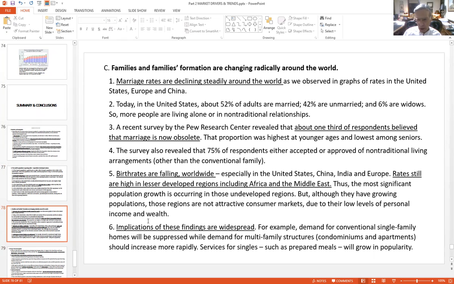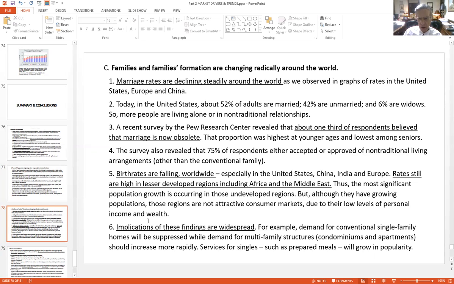About a third of respondents to a Pew Research Center survey gave the opinion that marriage is now obsolete. What does that say to us about marketing and the kind of products that we make?